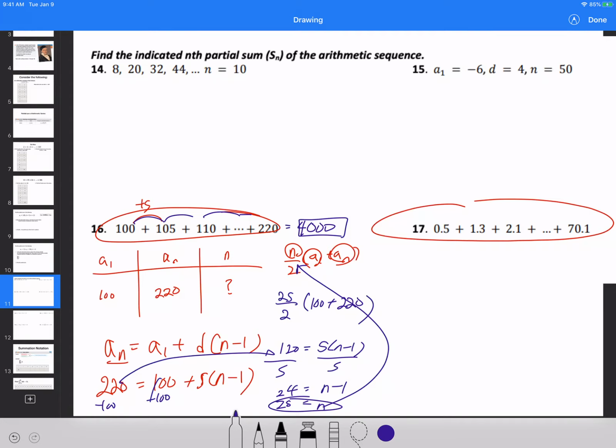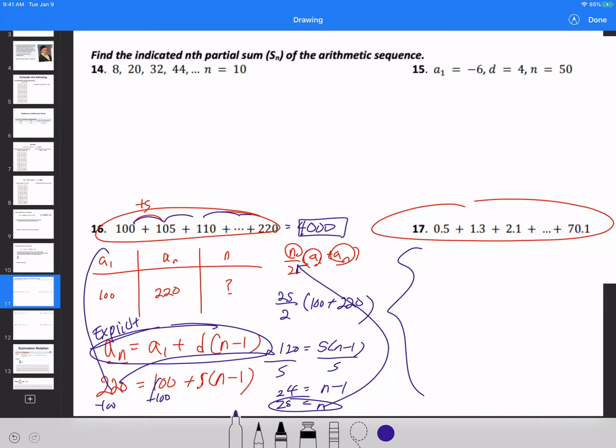Of course, you may use the internet to check your answers, but this is the work that I would love to see on your assignments and your quizzes. You need to demonstrate for me how you solve for n using the explicit formula. That's a must. You have to use that. Now, please work on number 17, and let me know when you're finished.